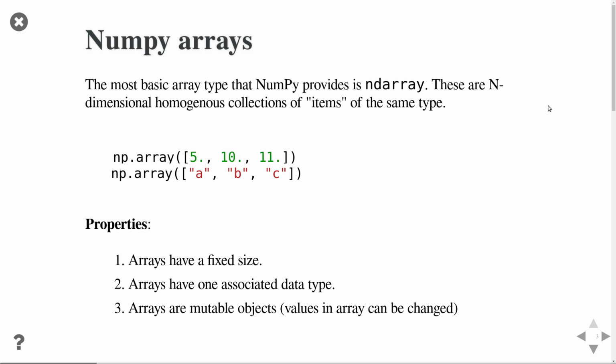Remember, in lists you can have a float and then a string and so on. That's not valid in NumPy arrays. They always have to be the same. But arrays are mutable objects, so after creating this array, you can actually change one of the values inside the array. You can set the first component to 0, for instance.